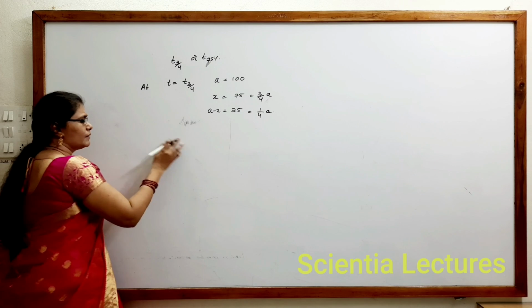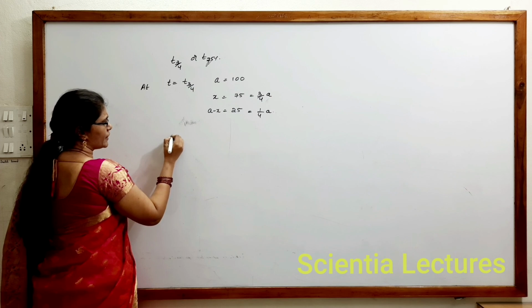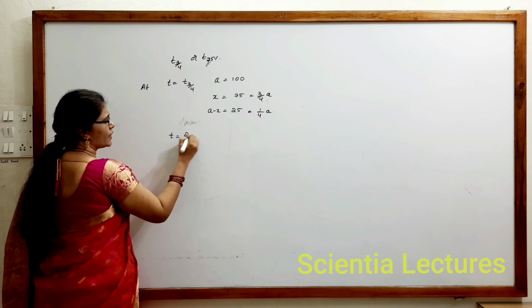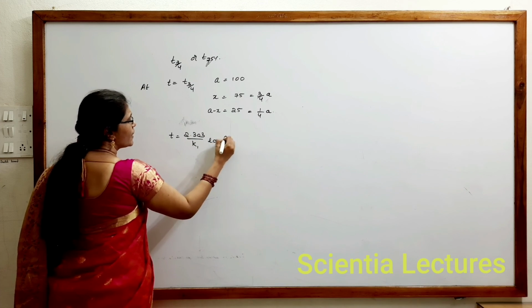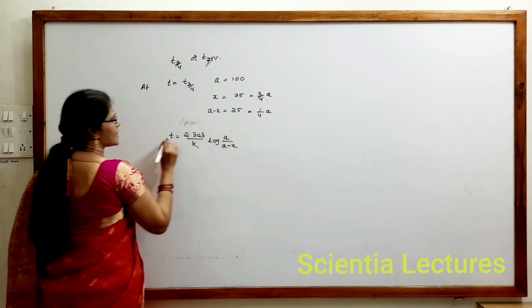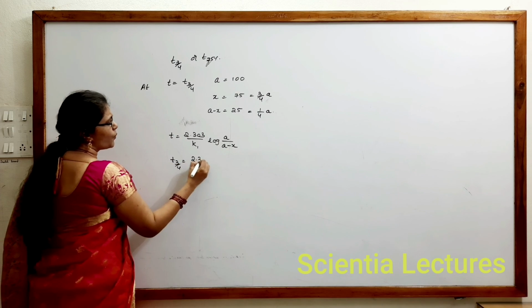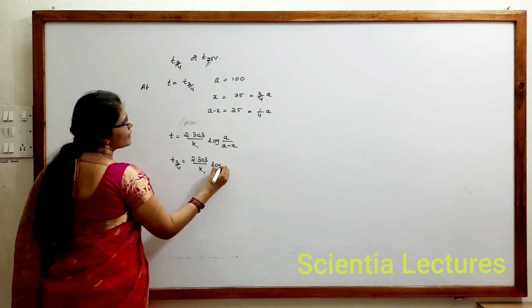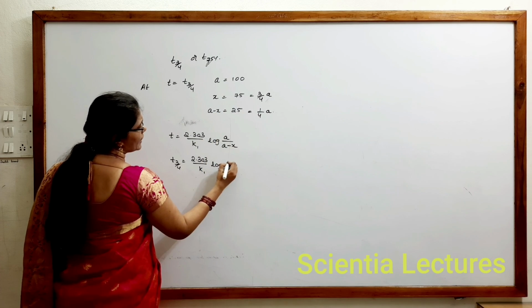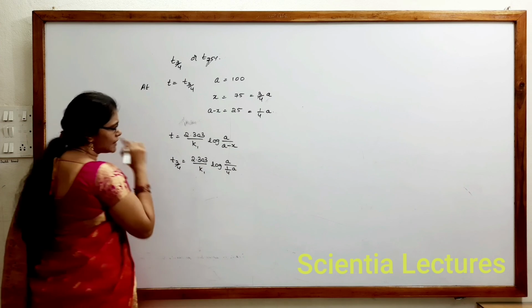So at T equal to T 3 by 4, let us see how to write it down. What is the basic equation? T equal to 2.303 by K1 log of A by A minus x. Now we have taken T 3 by 4 equal to 2.303 by K1 log of A by A minus x, which is A by 1 by 4th of A. A gets cancelled.